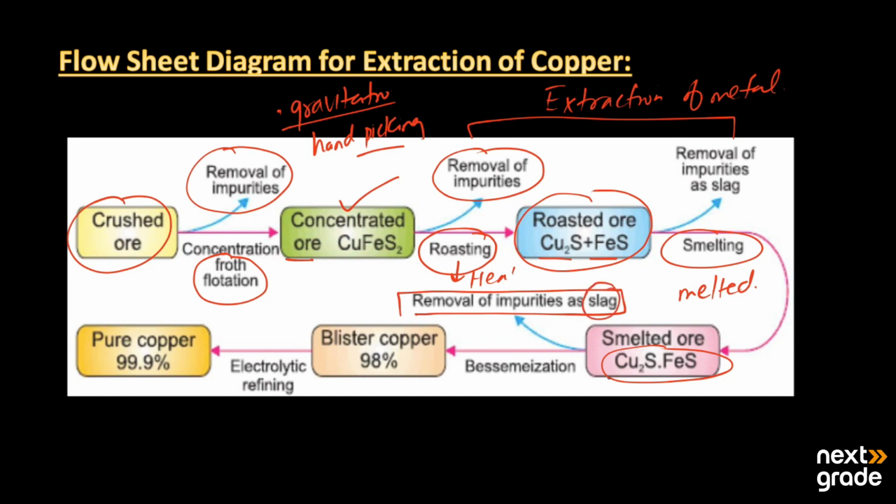After smelting, we have the third step, which is bessemerization, and at the end of it we gain copper which is 98% pure, known as blister copper. After this, we have the last step, which is the electrolytic refining process. In this process, we gain 99.9% pure copper that can be used for further purposes.